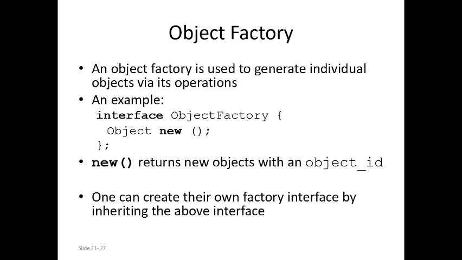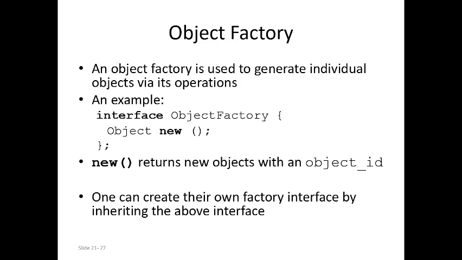Now the concept of a factory object, that is an object that can be used to generate or create individual objects via its operations. You can see some examples of the interfaces of factory objects that are part of the ODMG model.